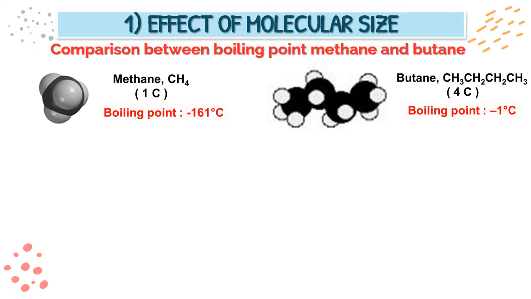For methane, CH4, the molecular mass is 16 gram per mole, and the molecular mass of butane is 58 gram per mole. So there is a significant difference between their molar mass.